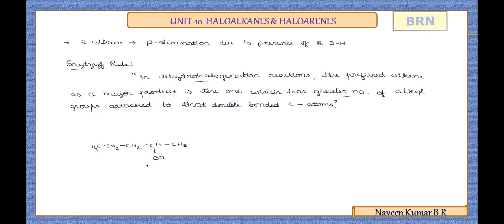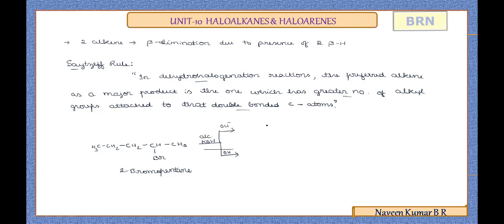This is 2-bromopentane. Now if you treat the compound with alcoholic potash, that is OH minus from the potash, let us see how it forms the respective products.